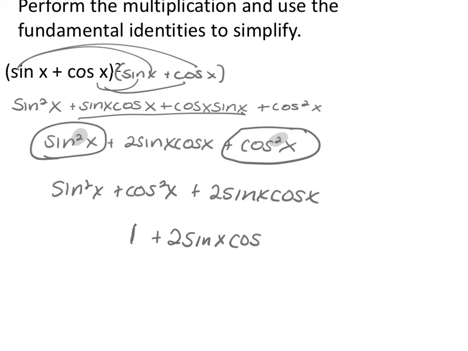And then 2 times sine x cosine x. There's nothing I can do there. If they are sine and cosine, I'm done. If it was like sine and tangent, I would try to replace tangent as sine over cosine. If it was cosine and tangent, I could actually simplify it. But if it's just sine and cosine, you're done.